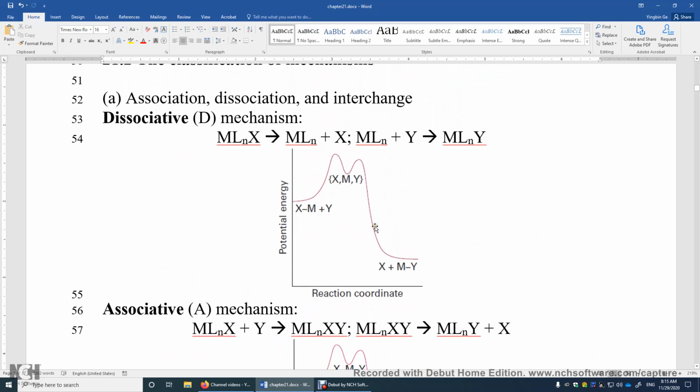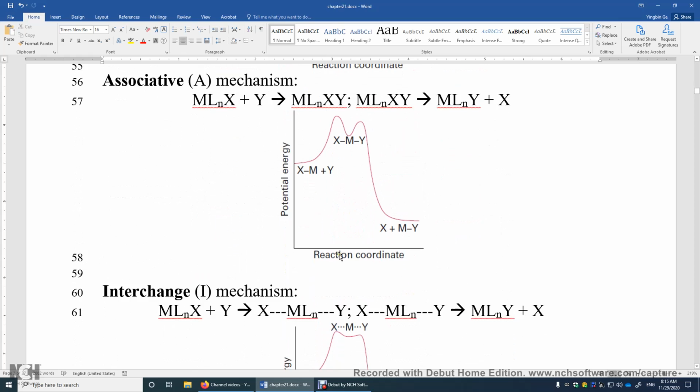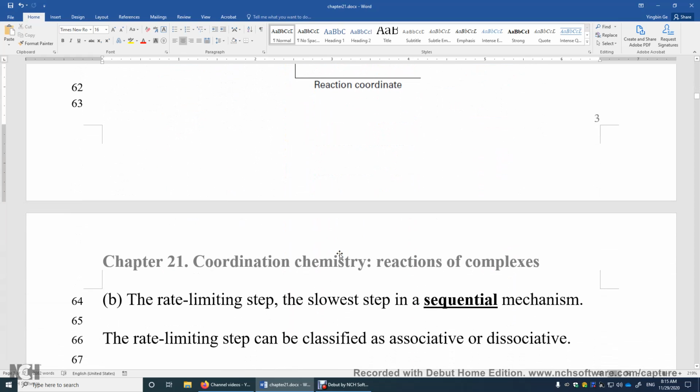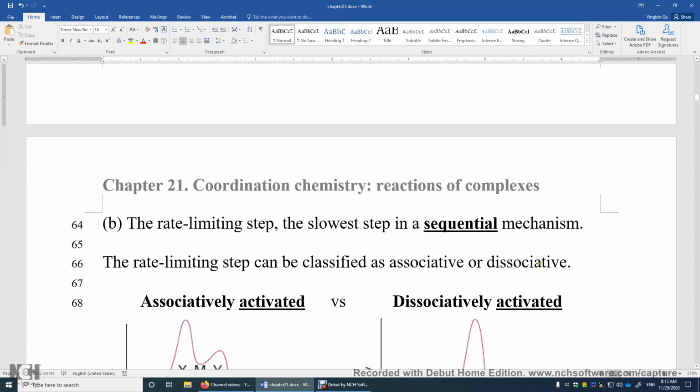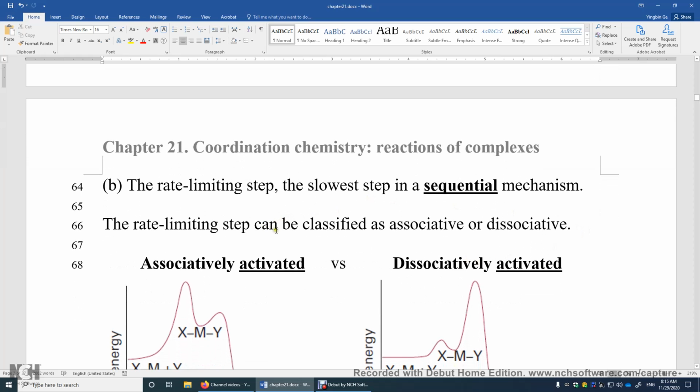So all three are sequential mechanisms. And in a sequential mechanism, the slowest step is the rate limiting step. The rate limiting step can be classified as associative or dissociative. It depends on which step is the slowest step.